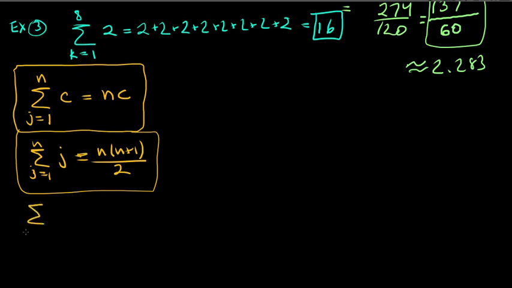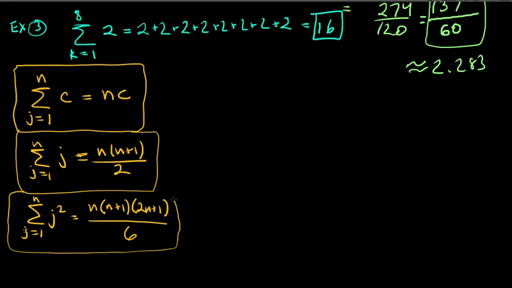And in some cases, we might have to add up not the integers, but the squares of the integers. And if you have to do that, you get a formula. It's a little more complicated. It's going to be n times n plus 1 times 2n plus 1, all divided by 6. So why is that? Well, take my word for it. It works.